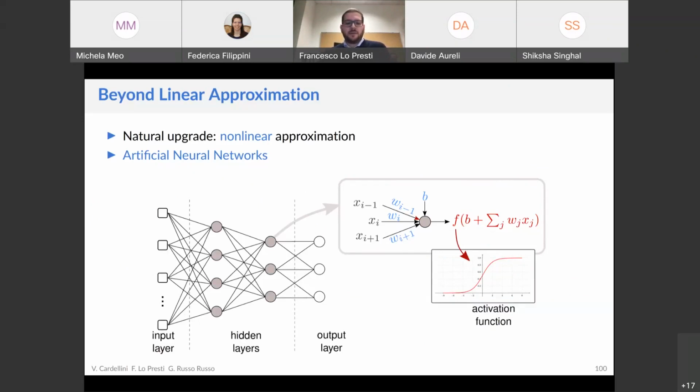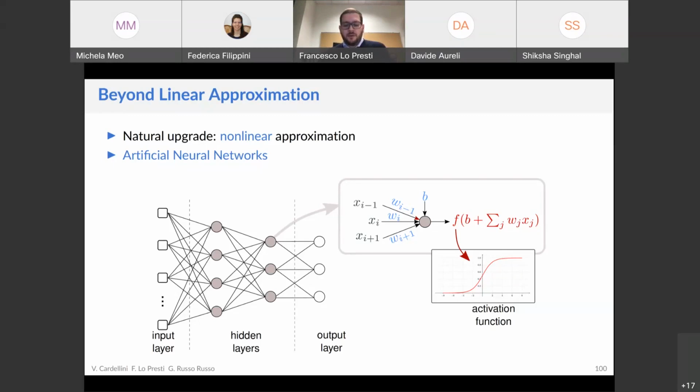So a natural upgrade we can consider is moving to nonlinear functional approximation. So to consider more complex functions for our approximation. And of course, we can especially think of artificial neural networks, since they have been applied to a large number of different problems and domains.